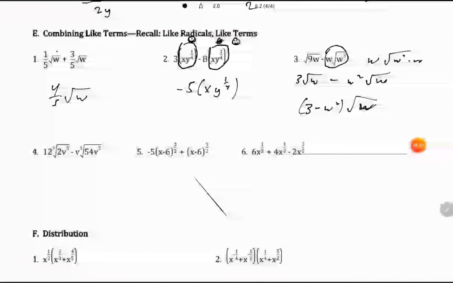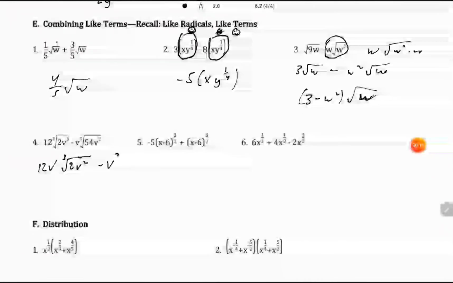Alright, here we go. So this is the cube roots. So I'm going to pull 3 v's out. So 12v, and then we have the cube root of 2, what's left over, v squared inside. Okay? Minus v cubed.